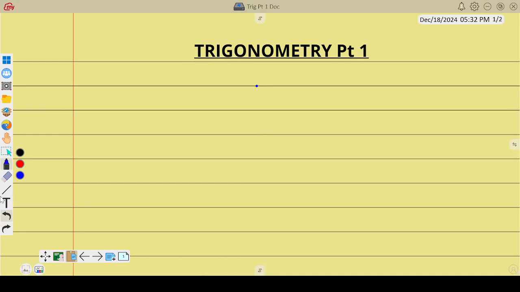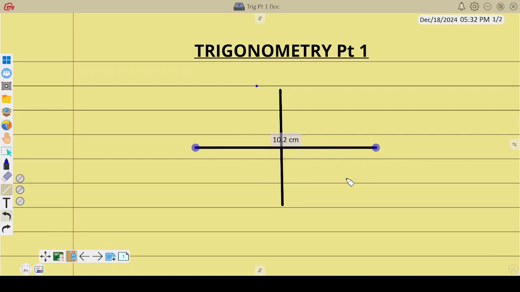quadrants. So the quadrants, like I mentioned previously, we have 4 quadrants. So we have the first quadrant, second quadrant, third, and the fourth. And now we're going to use the mnemonic for the quadrants.